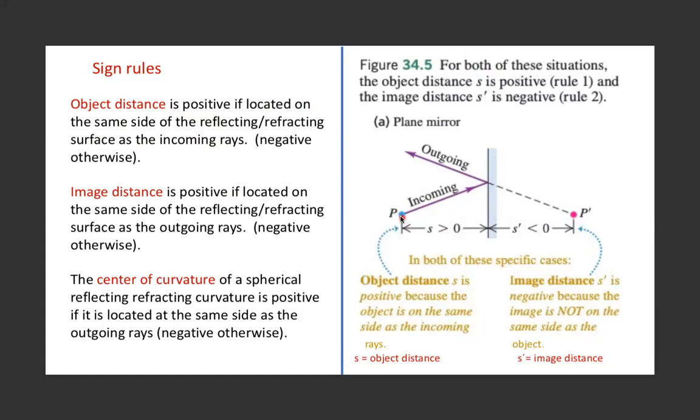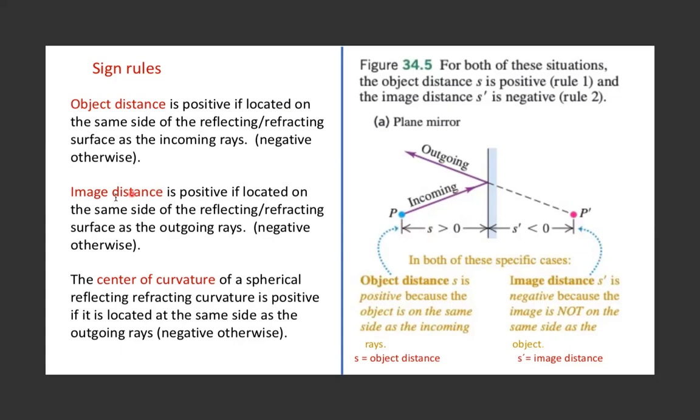In this case, this is the reflecting surface. So the object is on the same side of the reflecting surface as the incoming ray. For this reason, S must be considered positive.